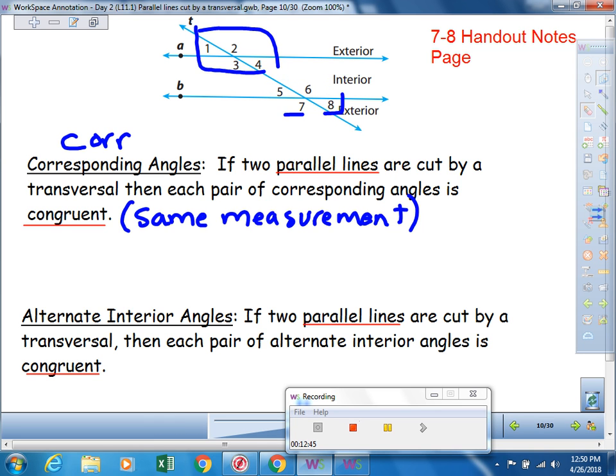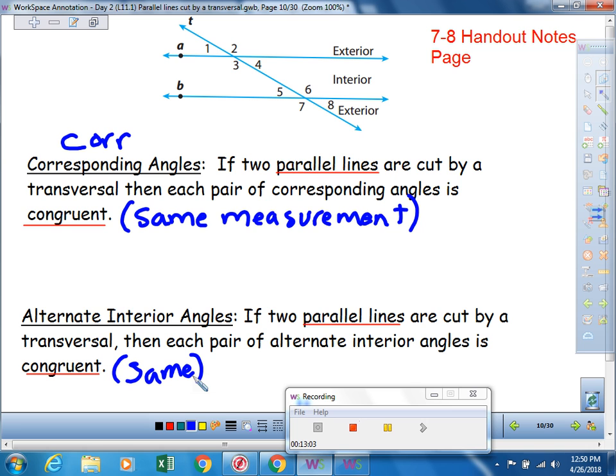Alternate interior. So alternate means on opposite sides of the transversal. If 2 parallel lines are cut by a transversal, then each pair of alternate interior angles is congruent. So it means that they are the same. The vertical angles are the same measurement. Corresponding angles are the same measurement.